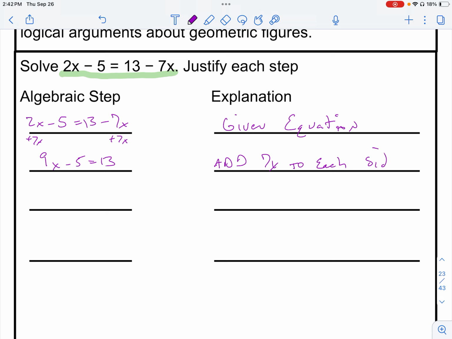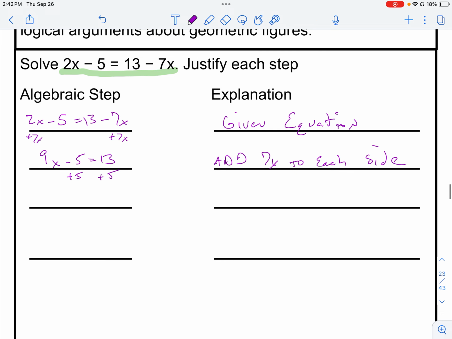Then we need the x by itself. So we're going to add 5 to each side, and we get 9x equals 18. So we're adding 5 to each side. And x equals 2.